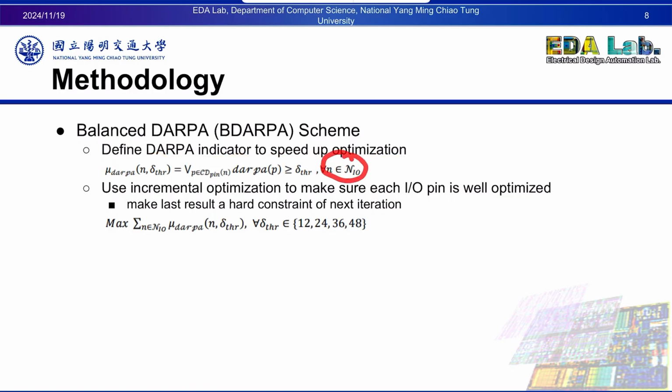For each I/O pin, we want its DRPA value to be larger than a given threshold. This threshold could be any value, but we set it by the track number. For example, we want to measure that this pin has at least one track free.